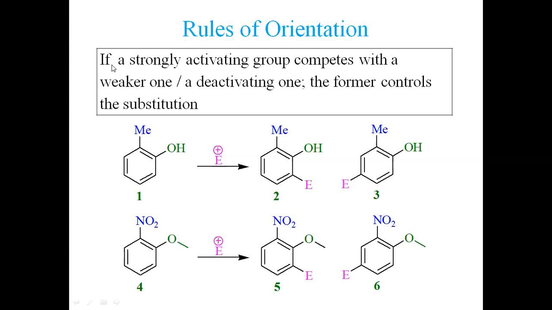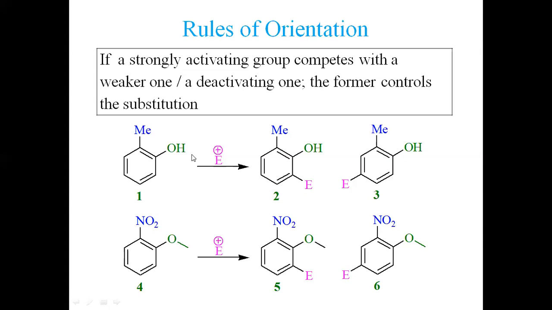The rule is written: if a strongly activating group competes with a weaker one, or a deactivating one, the former controls the substitution. Former means what? This rule shall be understandable once I exemplify it. Let's say we have this molecule, a methyl group and a hydroxyl group.